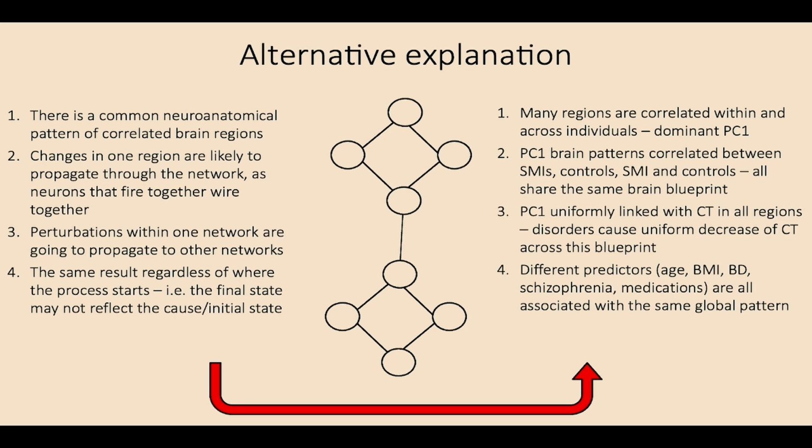So if this is the case, then you end up with essentially the same pattern regardless of where the process started. And this would explain why very different predictors are all associated with the same global patterns in the brain.